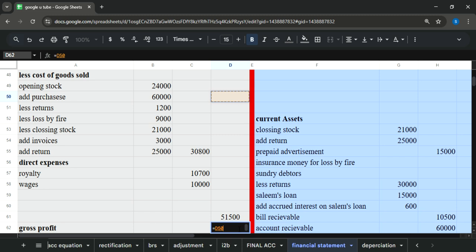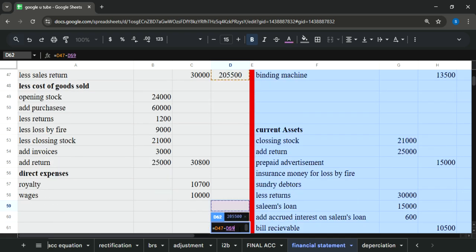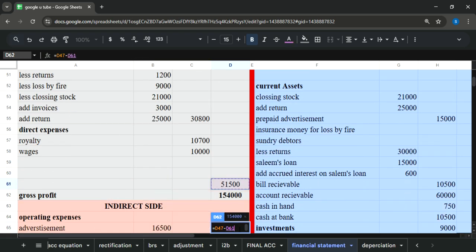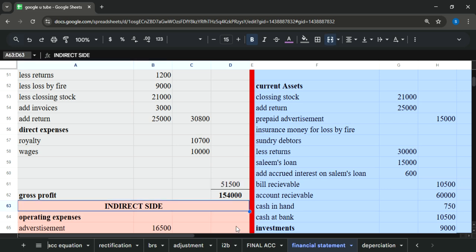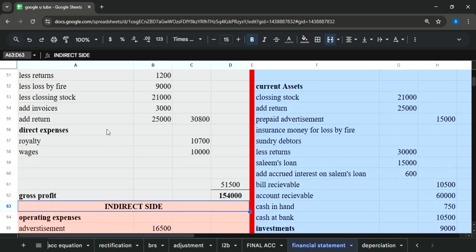We will take sales and then subtract the amount of the cost of goods sold statement. So we have got 154000. Let's check it out. Our answer, look here, gross profit is 154,000. So guys, in this way, our gross profit, that means one out of three statements, is completed.